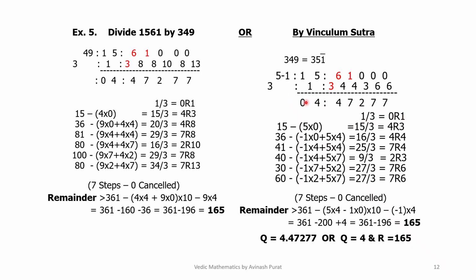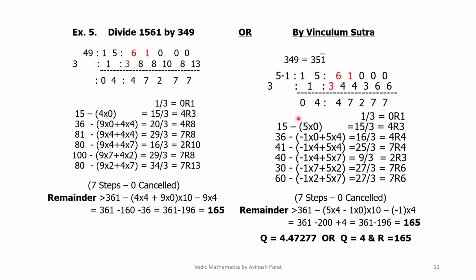So 0, 1 is the remainder, 15 is the dividend, minus 5 into 0. So 15 divided by 3, we consider 4 as the quotient and remainder is 3.